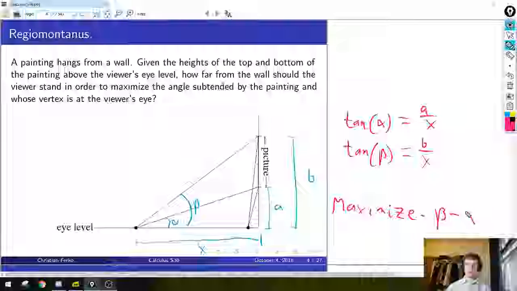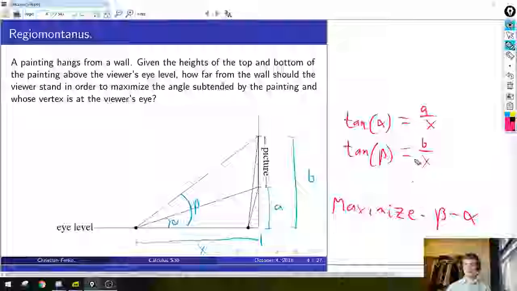Yeah, it looks good. And in terms of this stuff here, I guess it is going to be tangent inverse of a over x minus tangent inverse of b over x. But we can't quite go as far as we want to go yet. Yeah, that's good. So that's one way you could do it, is plug in these guys, the beta and alpha in terms of arctans, and do that.